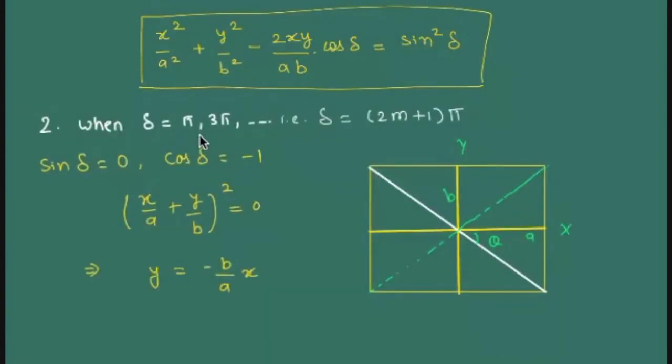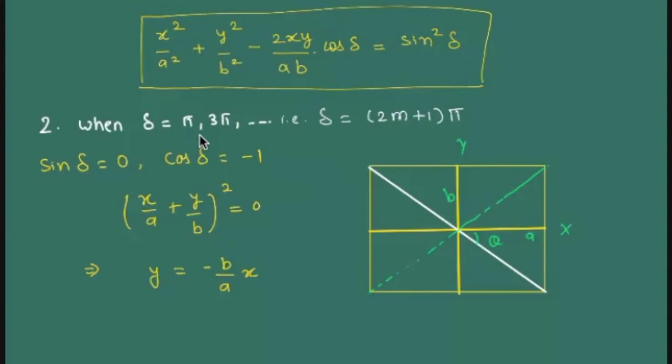Next, if we have a thickness such that delta is pi, incoming is plane polarized and outgoing is also plane polarized, but instead of plus theta, it is now minus theta. Such a plate is called a half wave plate, because the path difference is lambda by 2, which is equivalent to pi.